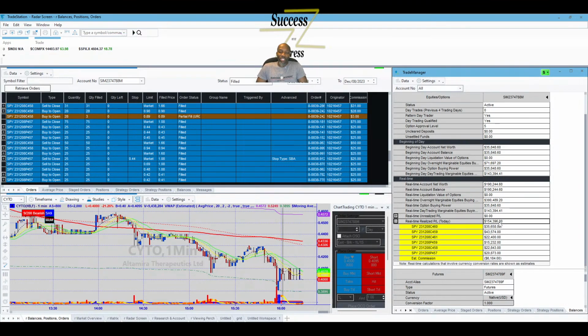I call TradeStation. TradeStation says, yeah, that's a known issue, and there's no fix for it, and we don't plan on fixing it yet. And the paper account is only set up to get you access to the platform with fake money.